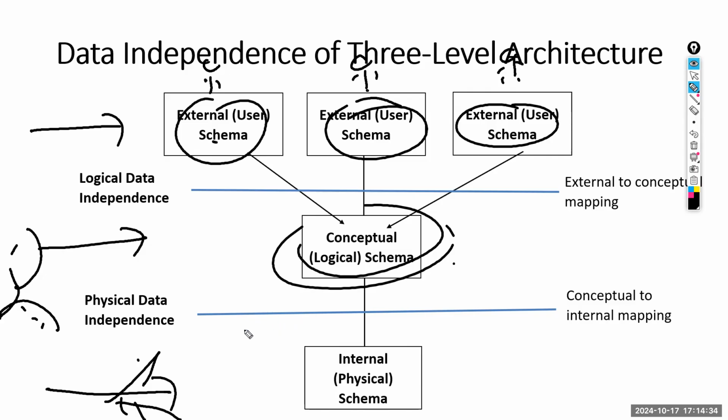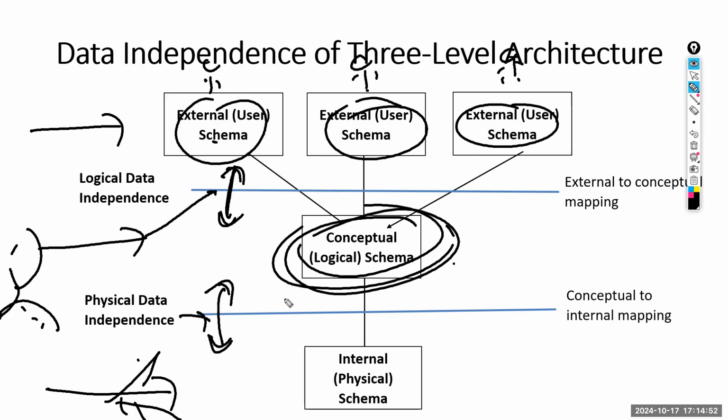Okay. So there's a mapping between these layers. This mapping is pretty much done by your DBMS. Your DBMS is happy to accept your SQL queries, which refer to the tables and relationships, and handle the internal things.